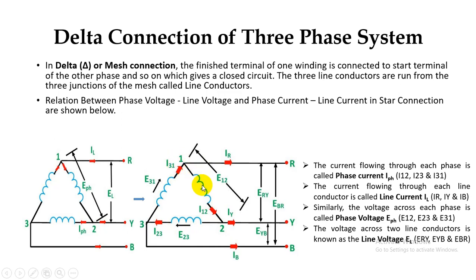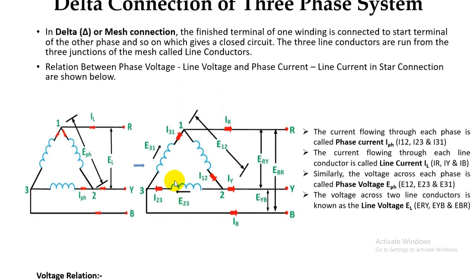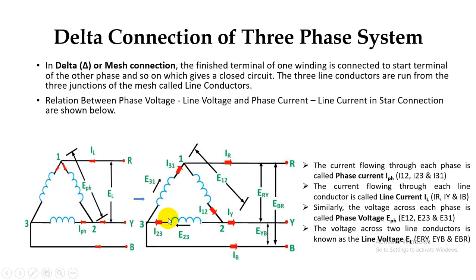A2 is connected to B1, B2 is connected to C1, C2 is connected to A1. If the resistances are connected in this manner, making one loop, it becomes a delta connection. It is like one delta.